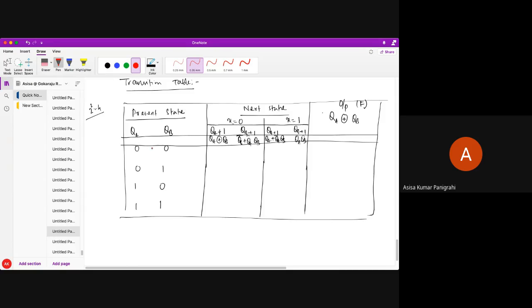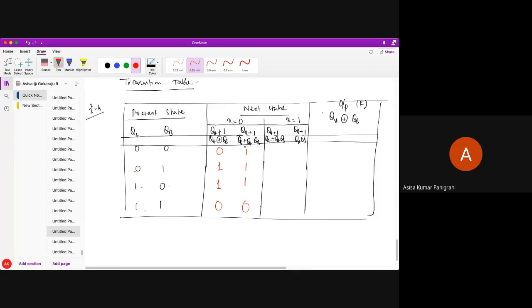So here what you need to do: you have QA QB and all these functionalities, you just have to find the values. What is QA plus 1? QA XOR QB. So you know that for 0 0, I'll get 0; 0 1 XOR, I'll get 1; 1 0 XOR, I'll get 1; 1 1 XOR, I'll get 0. Similarly, for QB bar or QA bar QB, if you solve this, you'll get 1 1 1 0.